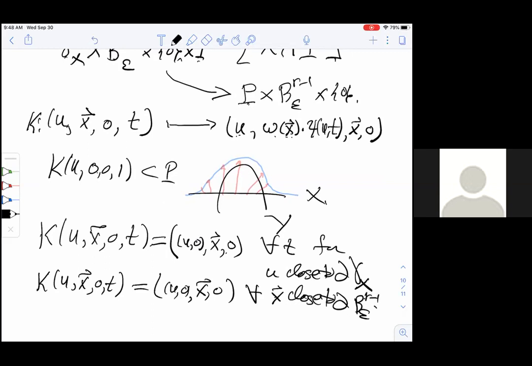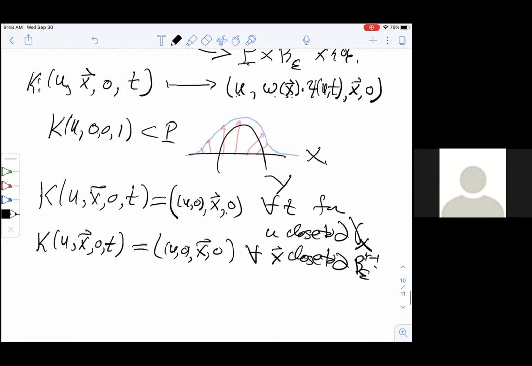The reason for that is near the boundary of the ball, omega is 0, and therefore it doesn't matter what psi is, this product is 0. So you end up with u0x, u0x. So that shows that near the boundary, this isotopy is trivial.